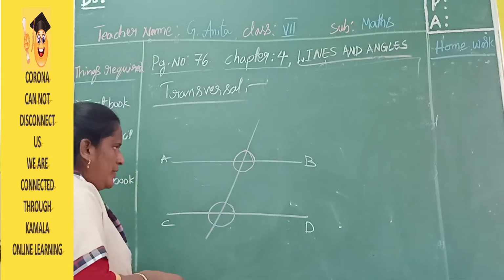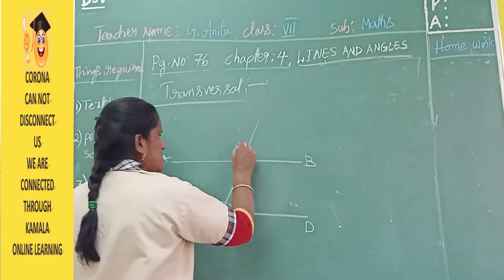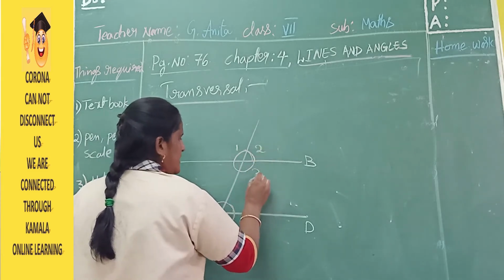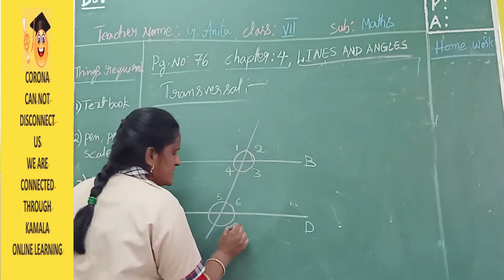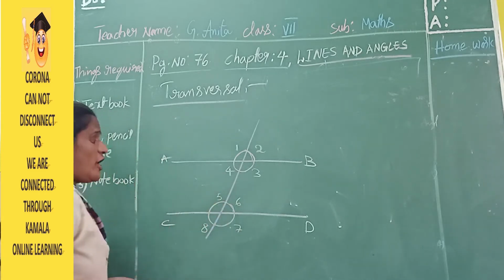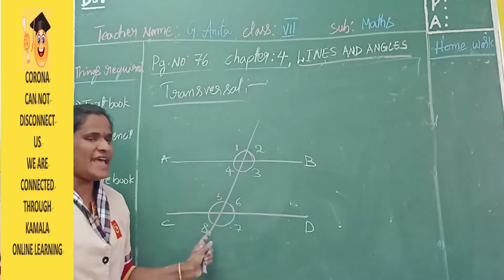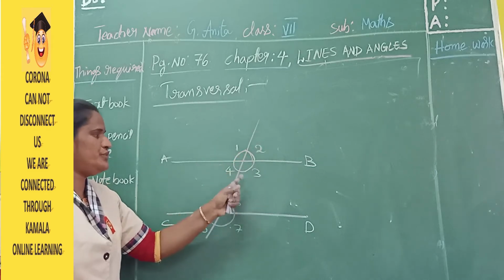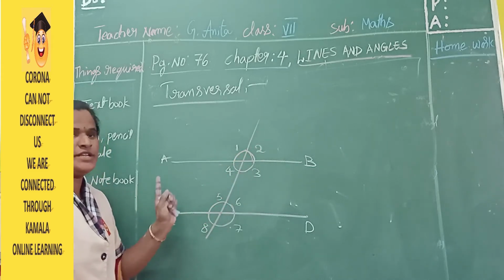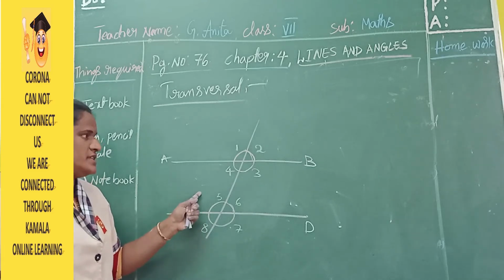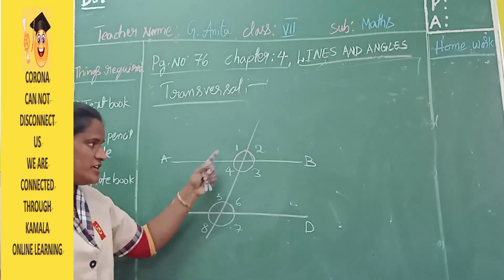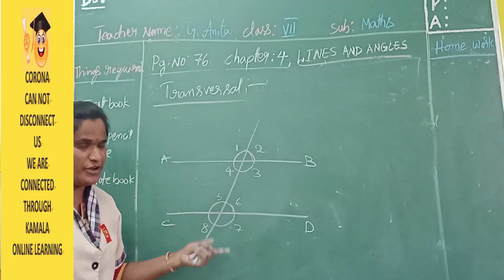One angle is formed like this: 1, 2, 3, 4 and 5, 6, 7, 8. Totally how many angles are formed? 8 angles are formed. In this, so many definitions depend on this figure only. This is the most important figure.